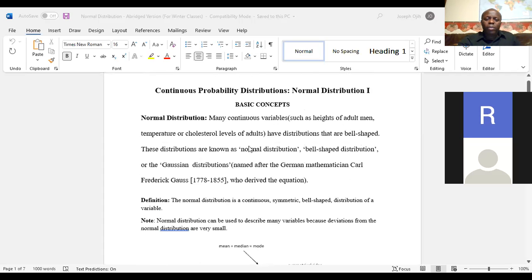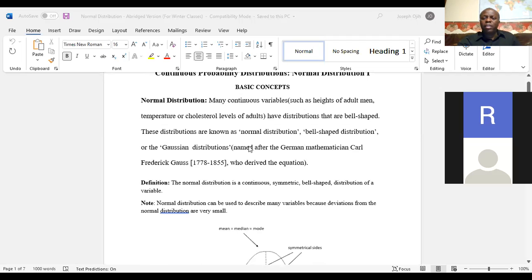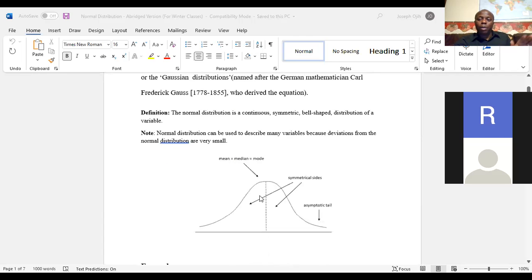Now, more good examples. I will give you more examples, like normal blood pressure. If you take the blood pressure of all the residents of Baltimore City, it will also give you a smooth curve like this. I'm talking about those that have normal blood pressure. Some of them will be a little bit higher, some a little bit lower, but in the end, they will give you the smooth curve.